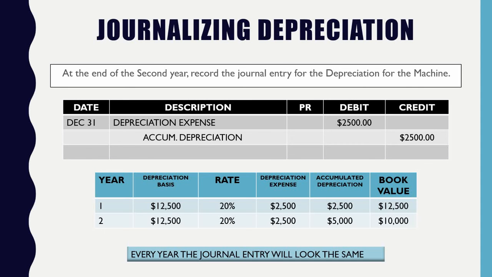So in this case, it also makes it easier to journalize, because every year the journal is going to look identical. Because you're depreciating the same exact expense every year, then at the end of every single year, your journal will look identical.